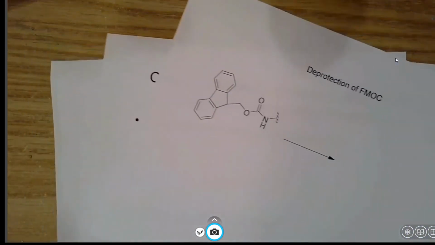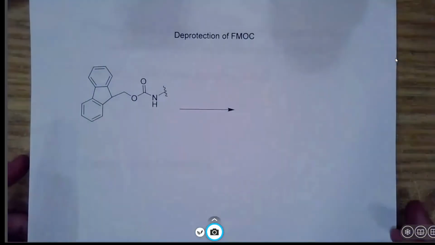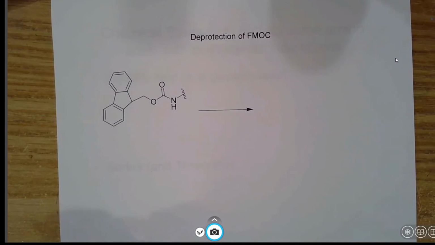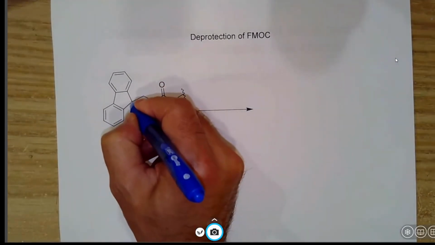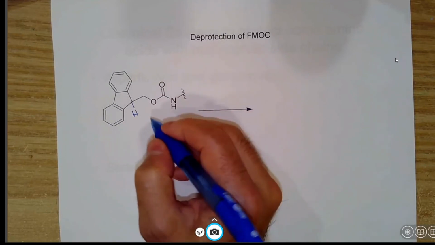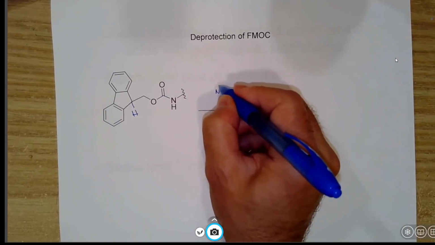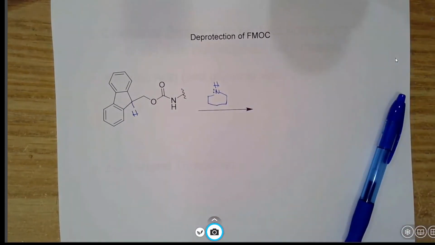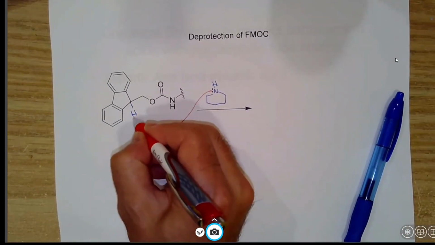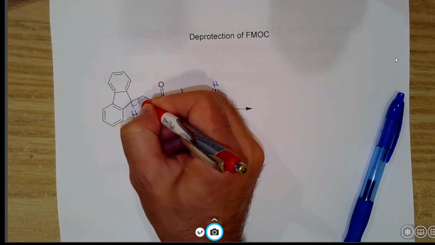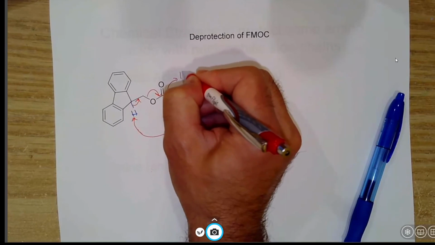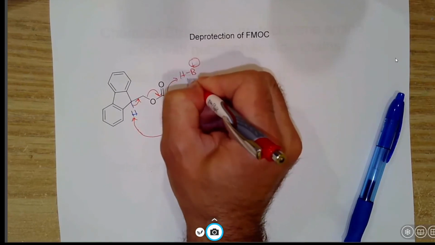The last thing I just want to touch base upon is the deprotection of Fmoc. So the way that Fmoc is deprotected is actually a little unusual, but it actually makes sense. You take something called piperidine, which is a base, and this base is going to remove this proton here, and you're going to get elimination. Like this.